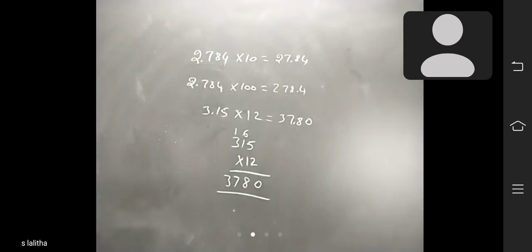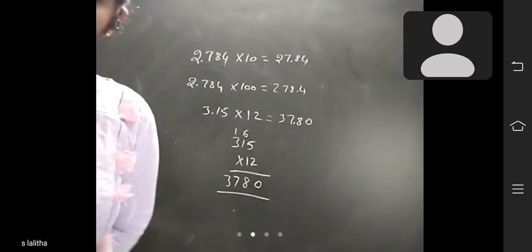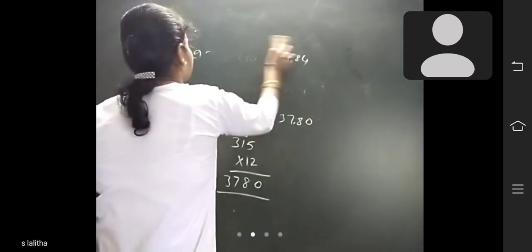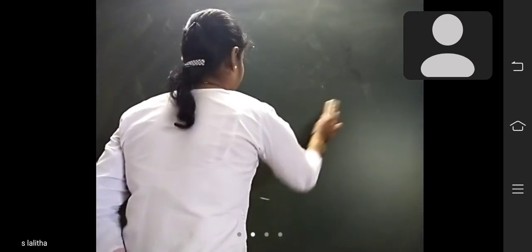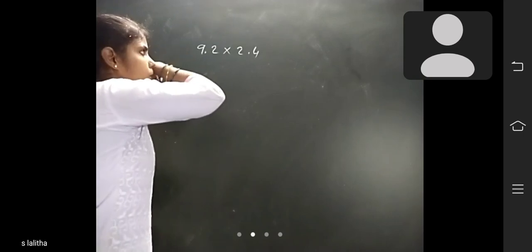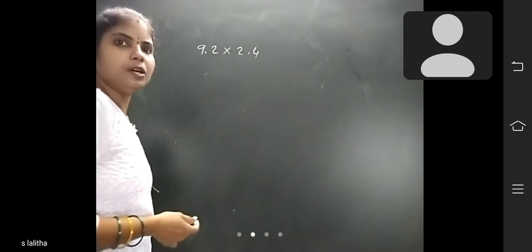Next one, multiplication of decimal by decimal. 9.2 into 2.4. Both are decimal numbers. Then how can you multiply?